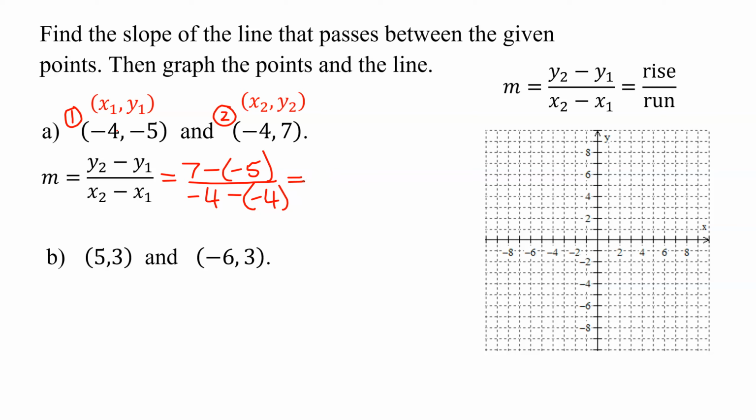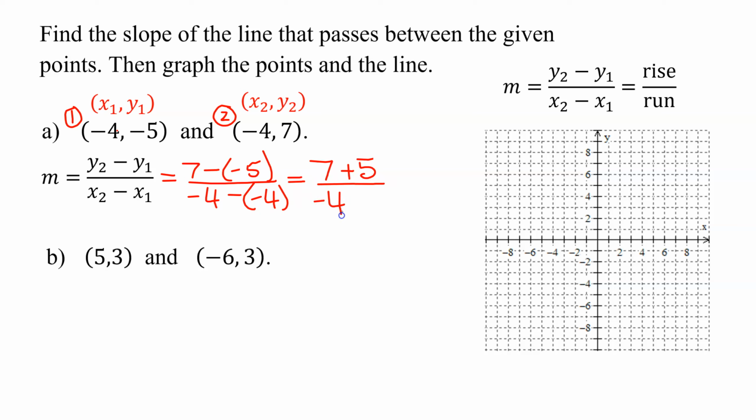So in my numerator, I have 7 minus a negative 5 becomes plus 5. Because remember, subtraction can be written as adding the opposite. So you change the subtraction to an addition and the number following to the opposite.